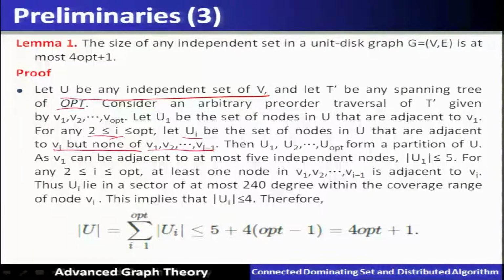So we will take only these two nodes that we have shown in the picture, and this will partition these nodes into U1, U2 and so on, the partition of U. So V1 is adjacent to at most 5 independent nodes. So the size of U1 is at most 5.